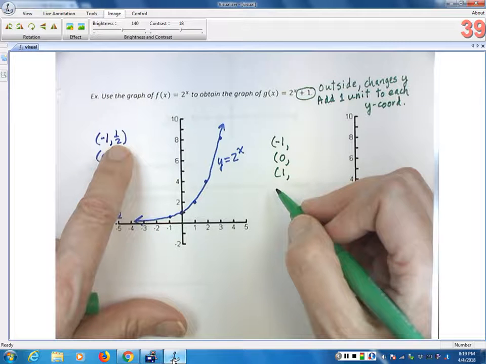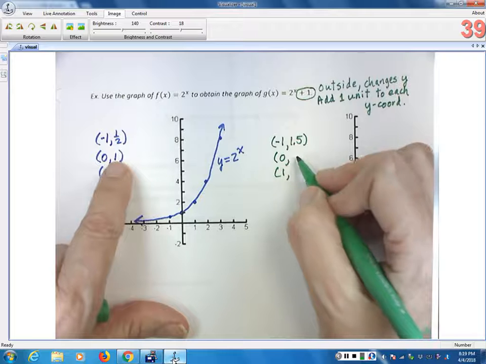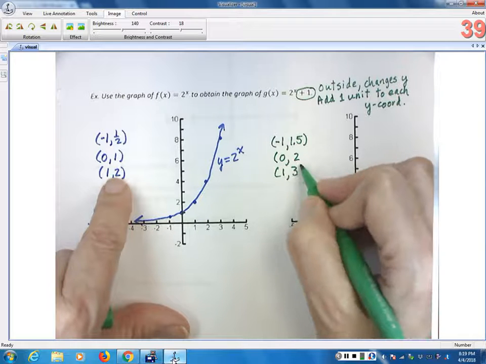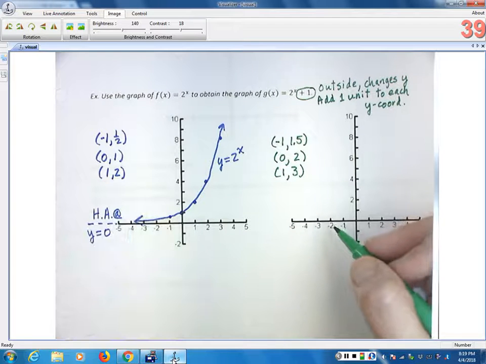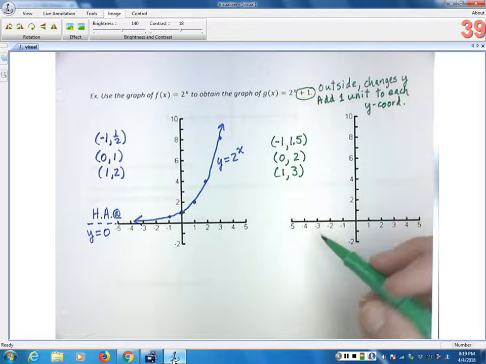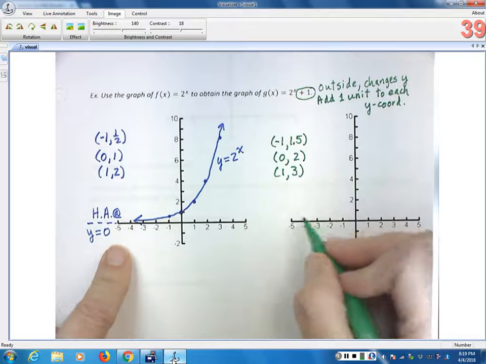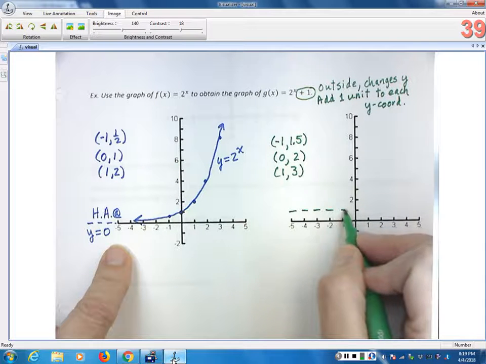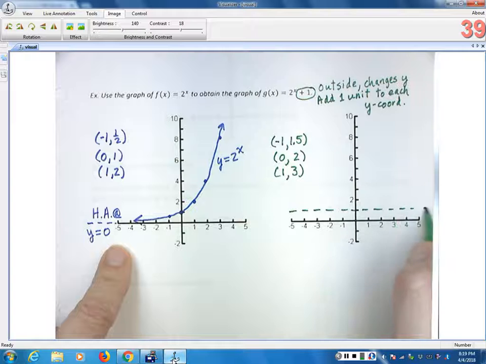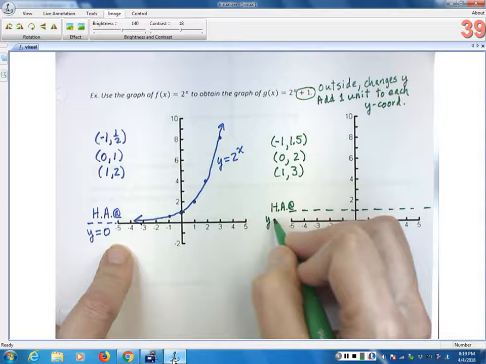I'm going to add 1 to the half, that's 1.5 or 3/2. That's 2, and that's 3. When I shift up 1, what happens to my horizontal asymptote? It shifts 1 up. So we just add 1 to this, and the horizontal asymptote is at y equals 1.